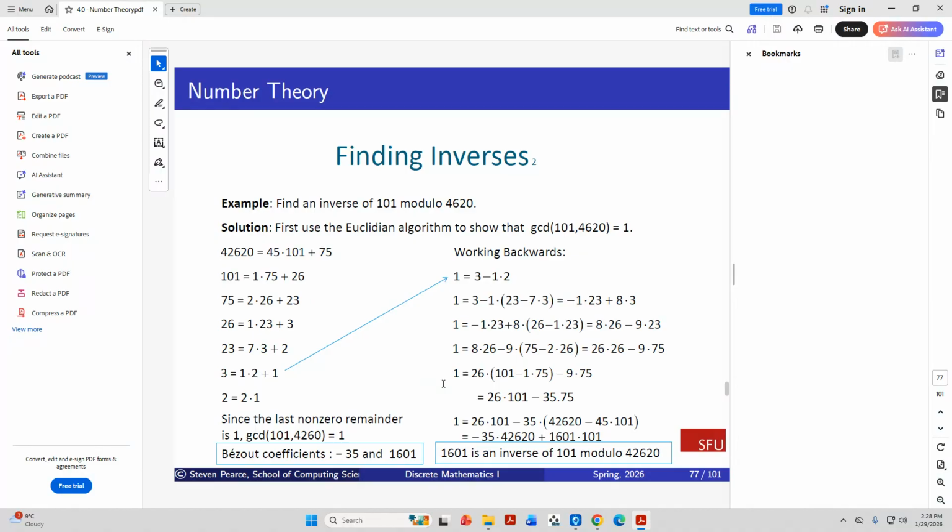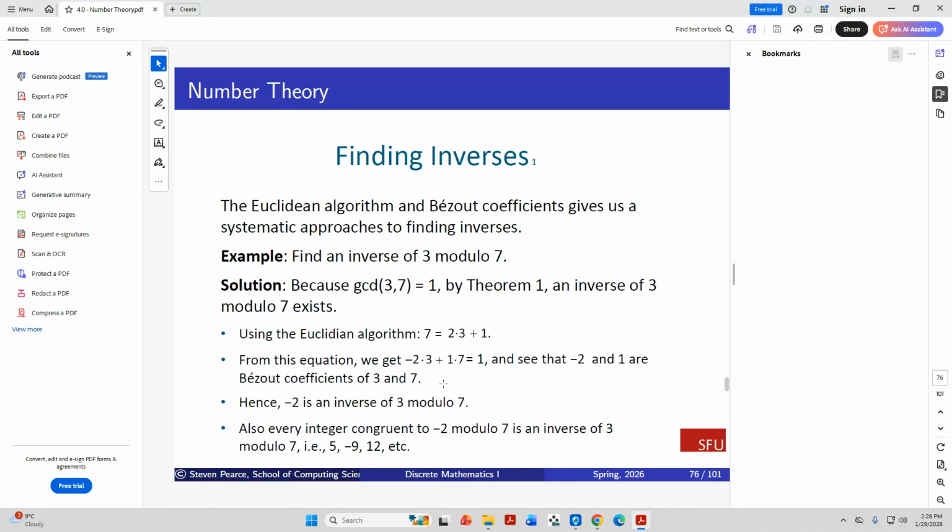So, as you can see right here, minus 35 and 1601. Okay, so we can work backwards. We go from here and do the same thing, but this is backward substitution, and we end up with this final result that 1601 is an inverse of 101 modulo 4620. This is a more complicated example, a real world example, where here the Euclidean algorithm is trivial.